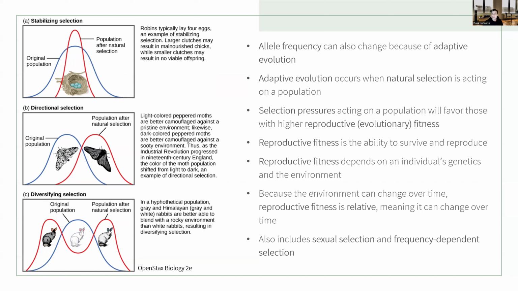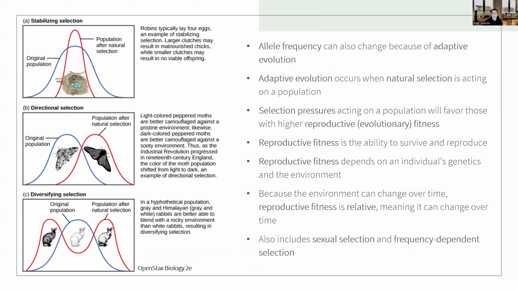So adaptive evolution occurs when natural selection is acting on a population, and in doing so, selection pressures favor those with higher reproductive fitness, also known as evolutionary fitness. When we talk about reproductive or evolutionary fitness with respect to individuals, we're talking about the ability of that individual to survive and reproduce.